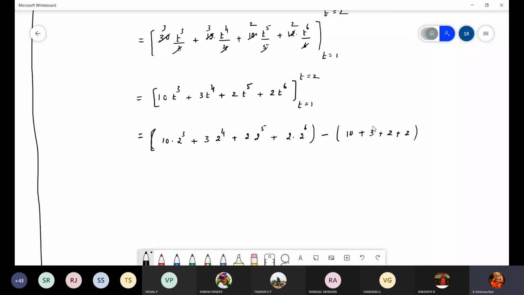That's it. But what is the first number? Can you tell directly? 80. Okay, one by one. 80 plus 48, 16 3s are 48, plus 64, 64 plus 128.